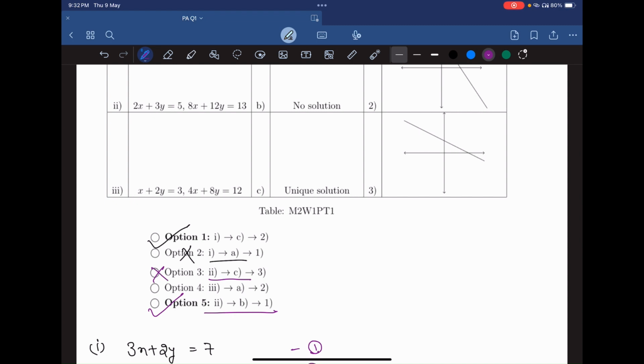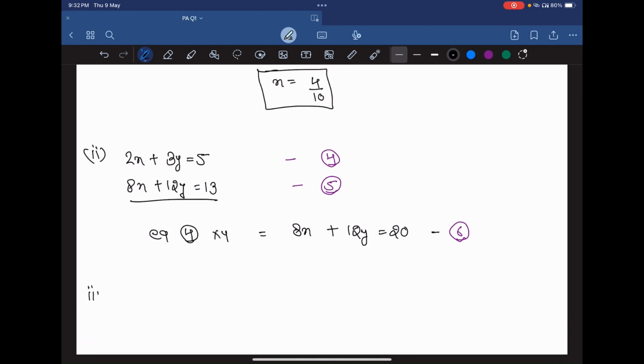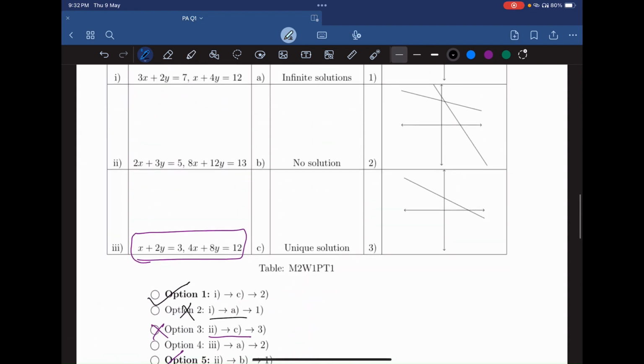Now let's look at the last pair, that is the third pair. x plus 2y is equal to 3, and we have 4x plus 8y equal to 12.